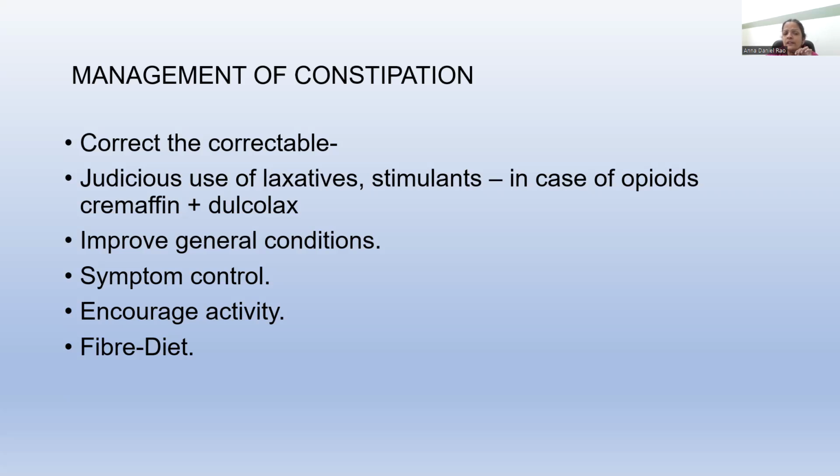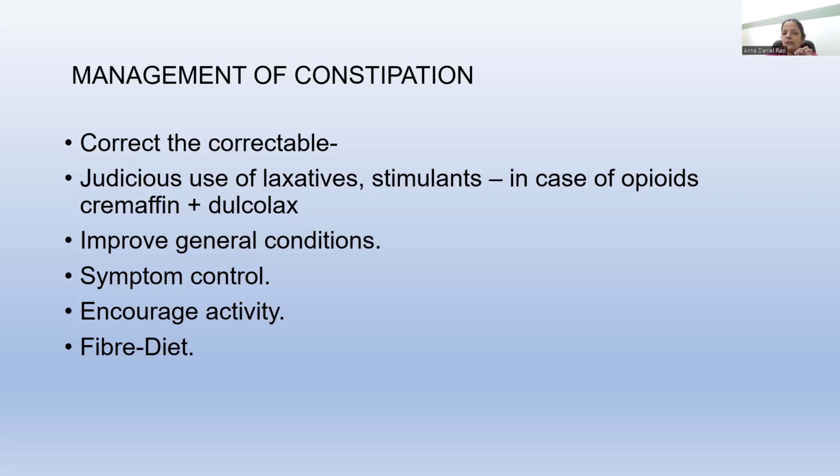Activity should always be encouraged, and of course the diet. In diet, the sources should be whatever is available locally. Right? We should always remember what is available locally and how they can go about it, in which things they can use the sources, what recipes they can make.